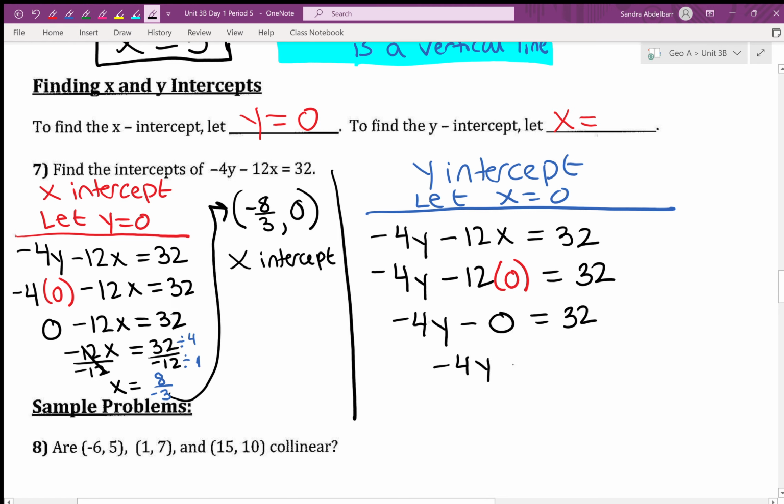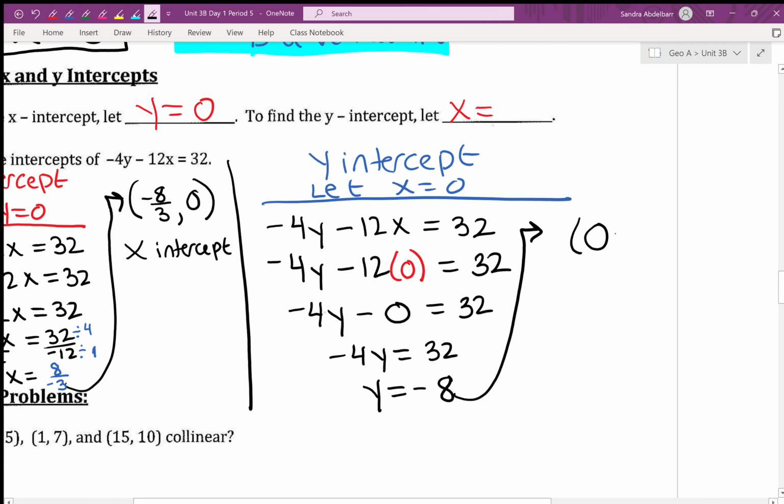Negative 4y equals 32, so y will equal negative 8. But is the y-intercept a line? No. What is the y-intercept of a graph? It is a point. So our point is going to be 0, comma, negative 8. That is our y-intercept.